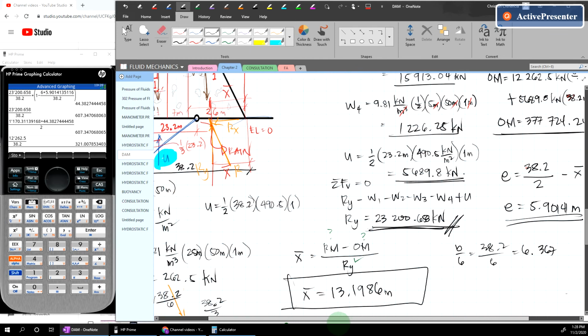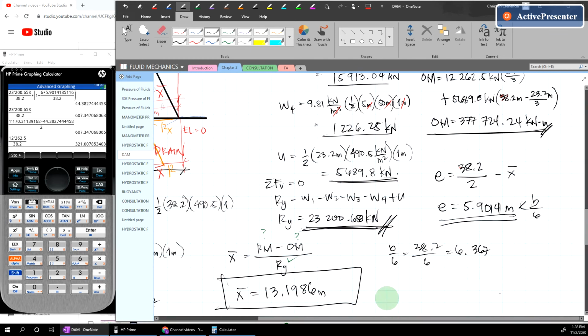Okay? So, yung formula ng E. So, this is B over 2 minus X bar. Yung formula ng E natin. Okay? Compare mo dun sa value ng B over 6. So, para malaman mo kung paano mo isosolve yung maximum and minimum na soil pressure.